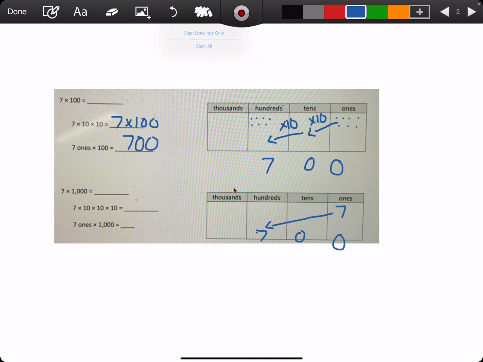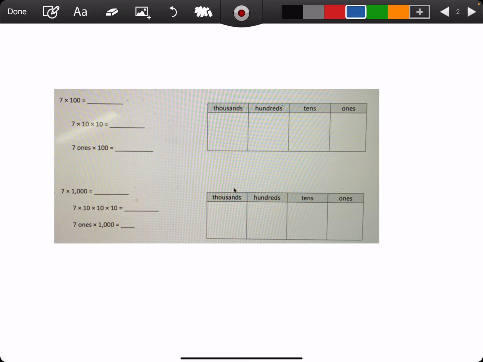And here, 7 times 1,000. 7 times 10 times 10 times 10 is 7 times 1,000. So if I put my 7 in my ones, timesing it by 10, timesing it by 10, timesing it by 10, my 7 is now in the thousands place.